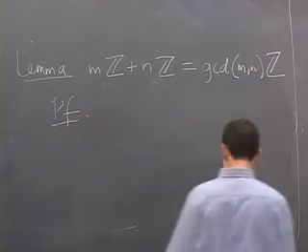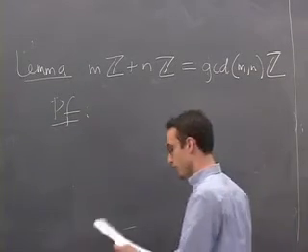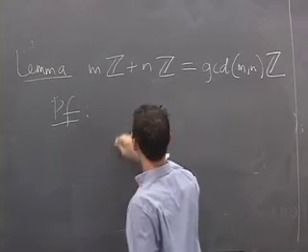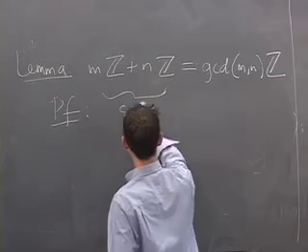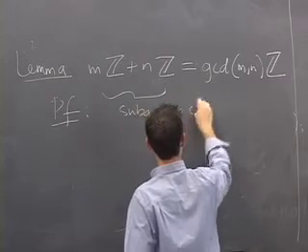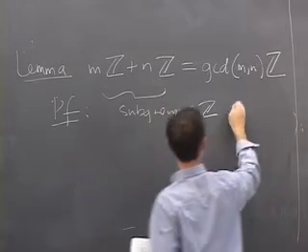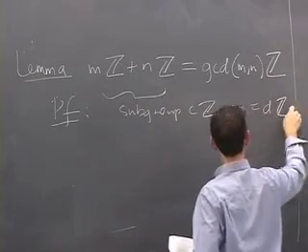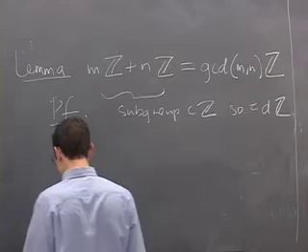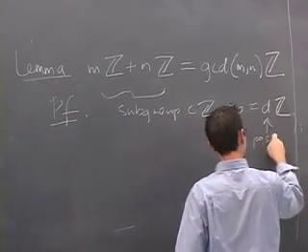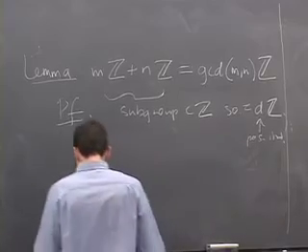Proof. Well, this is a fairly easy verification, but I'll just go through it very quickly. So as I said, this thing is a subgroup of Z. So it looks like something equals dZ for some d, and we can assume d is a positive integer.